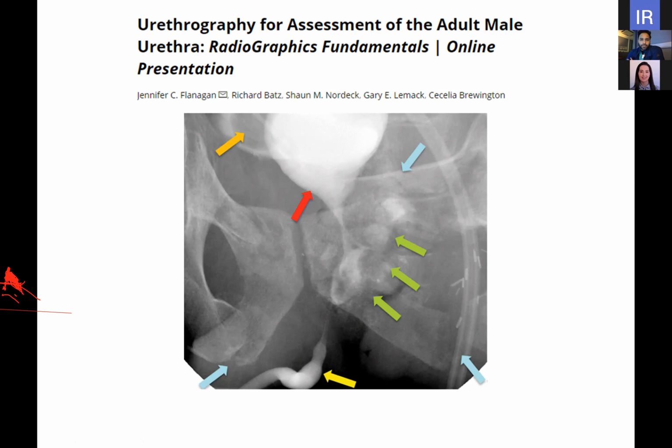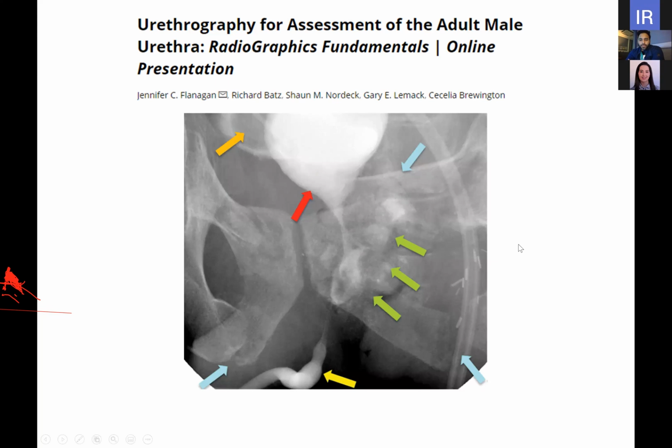So you've got a couple of fractures in relation to the bony pelvis. Fracture here, here, and I believe possibly a fracture there, and a fracture here as well. So this is obviously a trauma case that has caused an injury to the posterior aspect of the urethra, the prostatic urethra and the membranous urethra, and it's caused a local leak of contrast here.